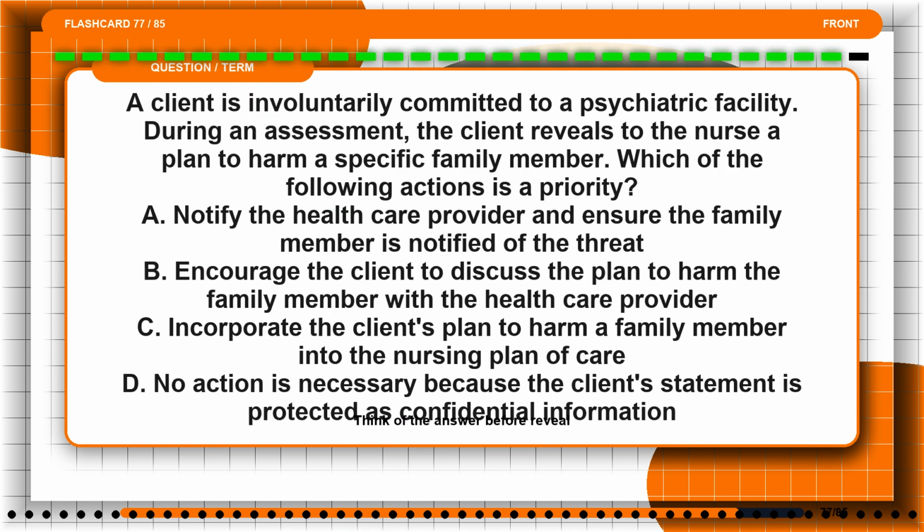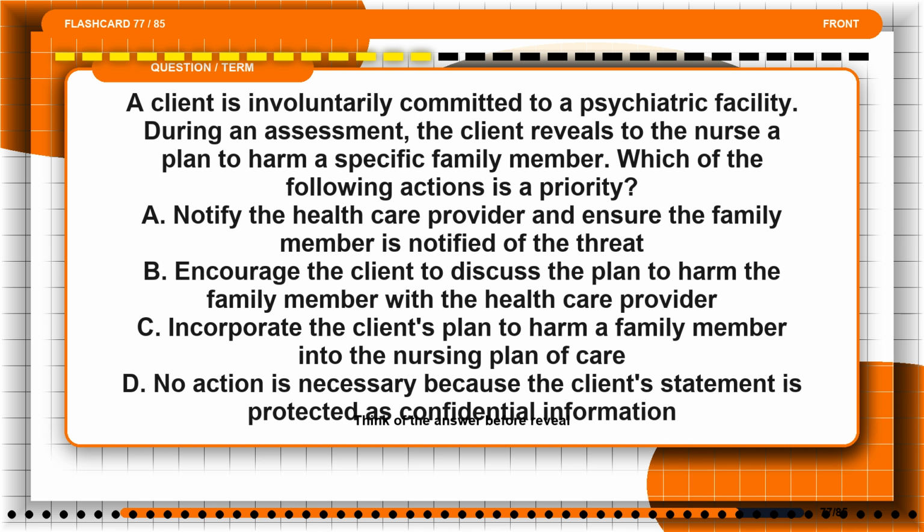Flashcard 77. A client is involuntarily committed to a psychiatric facility. During an assessment, the client reveals to the nurse a plan to harm a specific family member. Which of the following actions is a priority? A. Notify the healthcare provider and ensure the family member is notified of the threat.